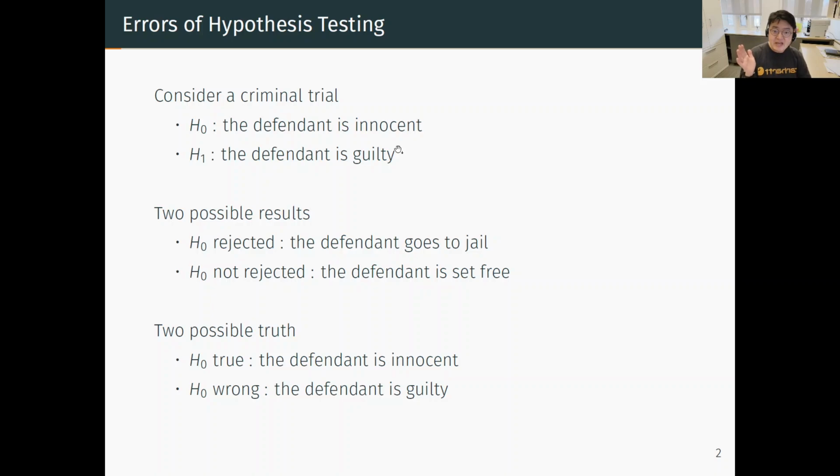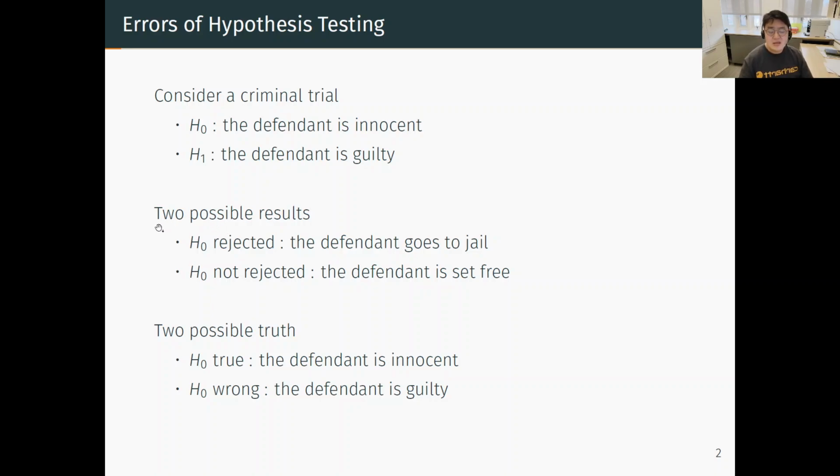You have to believe that the defendant is innocent if there is not enough evidence, versus the alternative hypothesis, guiltiness. You take the alternative only when there is sufficient evidence showing that the defendant is clearly guilty beyond doubt.